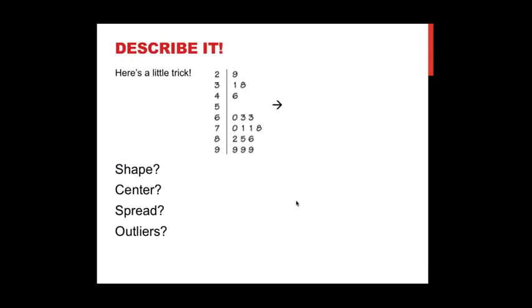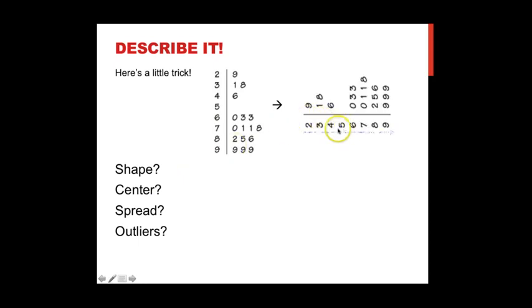Now a little trick. We're not going to quite get to describing them yet, but for when we do, I want to show you something you can easily do with your stem plot to help better identify its shape. Stem and leaf plots are constructed vertically. Once again, my stem goes from the smallest value all the way down to the largest value. But to properly describe the shape, I recommend you turn your stem and leaf plot on its side.